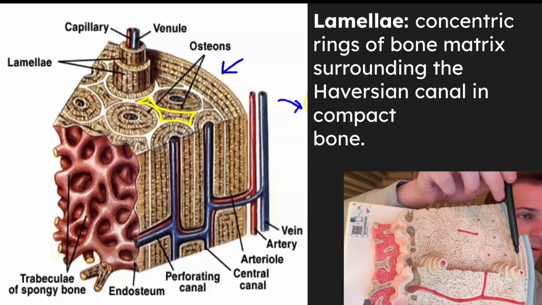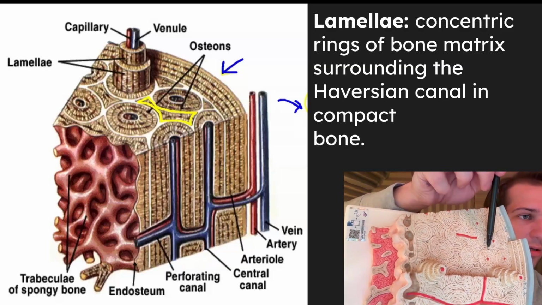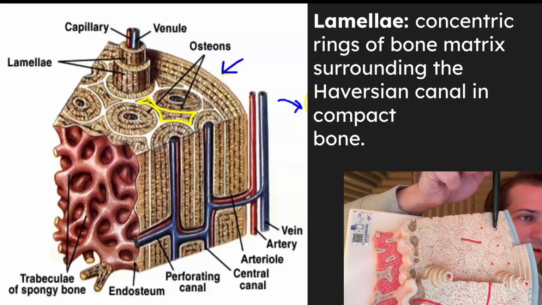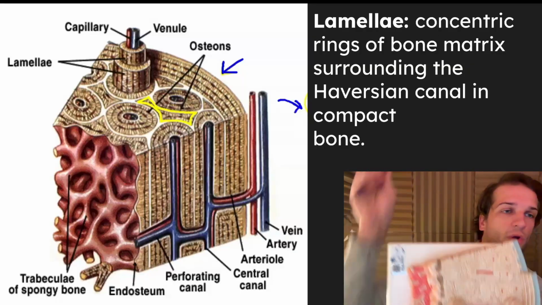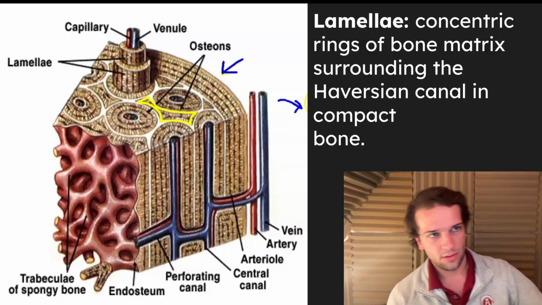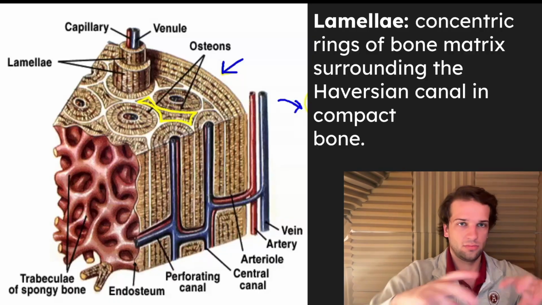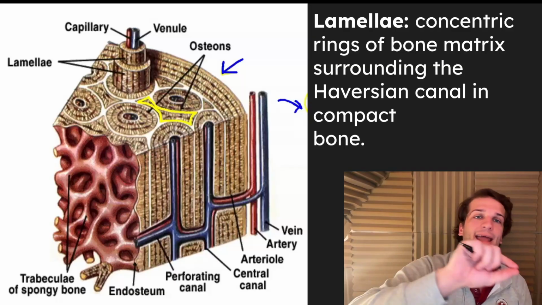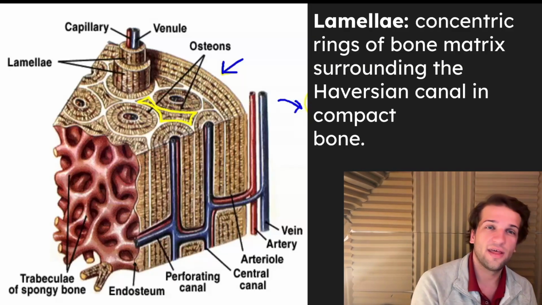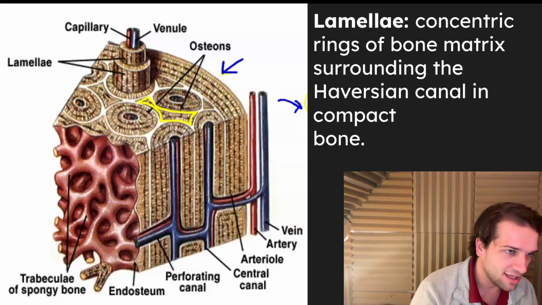If we look, osteon here, osteon here, osteon here, osteon here, osteon here, right? Each and every one of those circles is an osteon. The rings are the lamella, and inside the rings are the lacuna, the little caves that the osteocytes sit within.